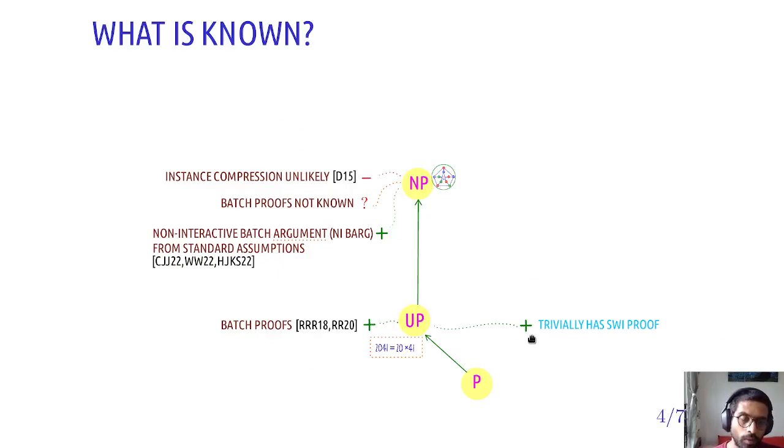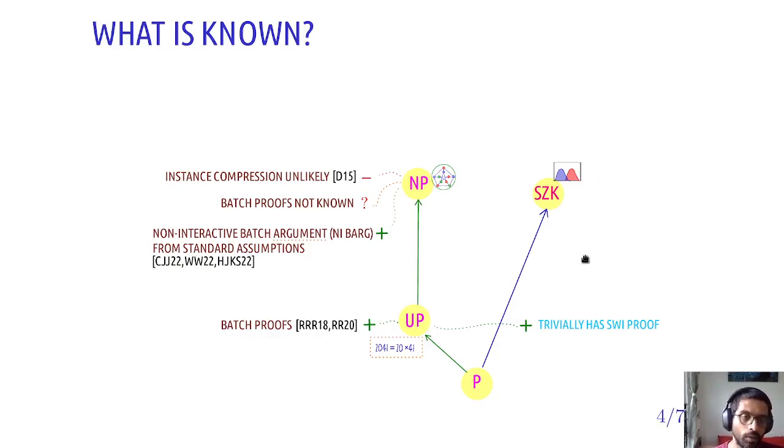So what do we know about SWI? The class UP trivially satisfies SWI. You can just think of the interactive protocol where the prover sends the witness over. Since there is only one witness, all the views look similar. One would think that the class SZK has SWI proofs.